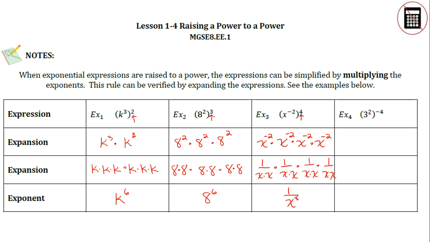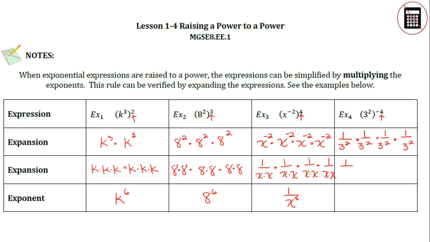So this time we have a power raised to a negative power. So the way we're going to simplify the negative is we're going to put 3 squared in the denominator, and I have 4 of those. So I have 1 over 3 squared times 1 over 3 squared times 1 over 3 squared, and a fourth 1 over 3 squared.